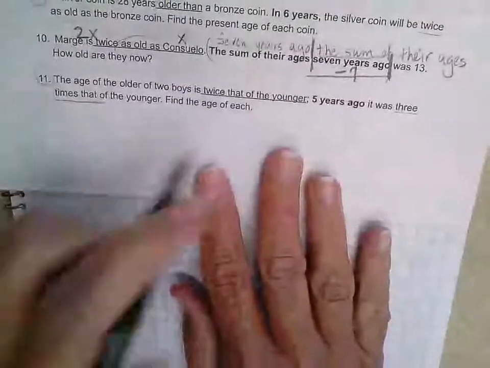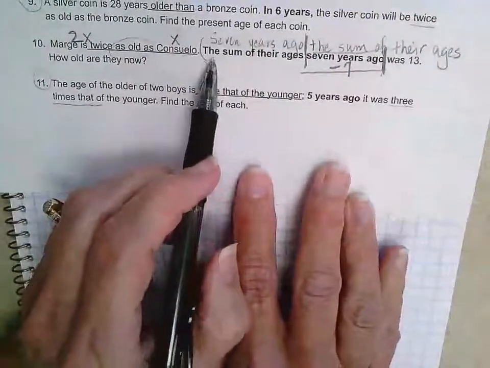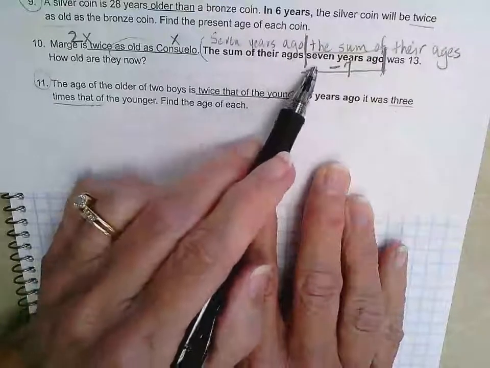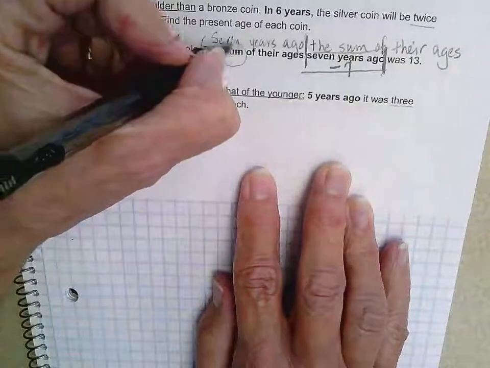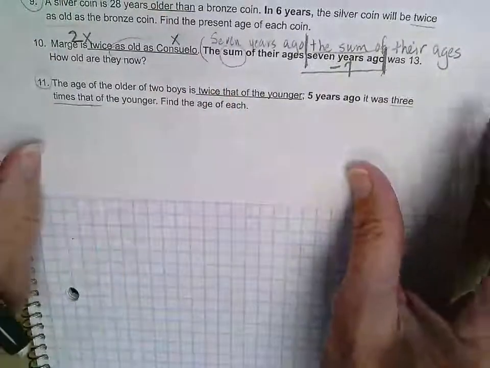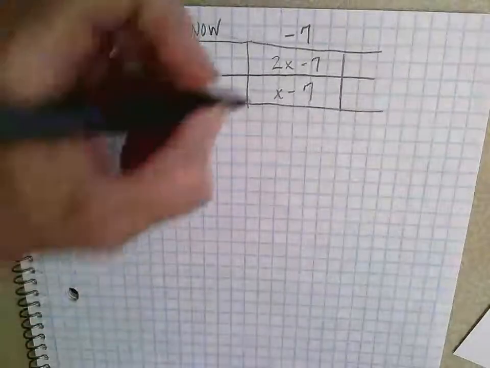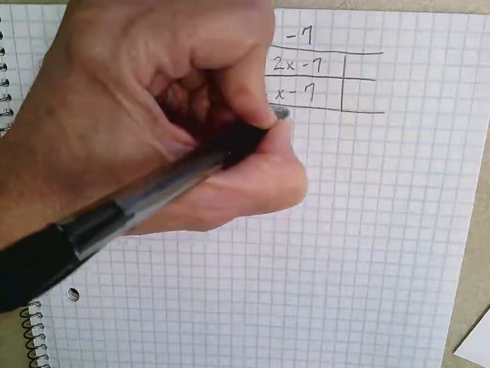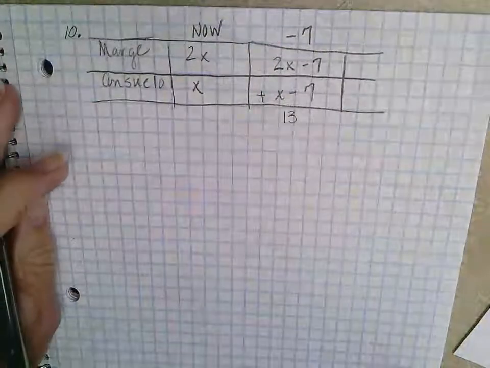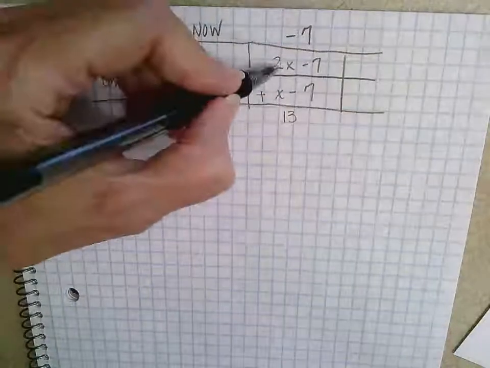Then we can look at the rest of our problem and see what it says. The sum of their ages 7 years ago was 13. So sum again tells me that I'm going to be adding, and when I add, I should get a total of 13. When I add this expression to this expression, I want to set it equal to 13.